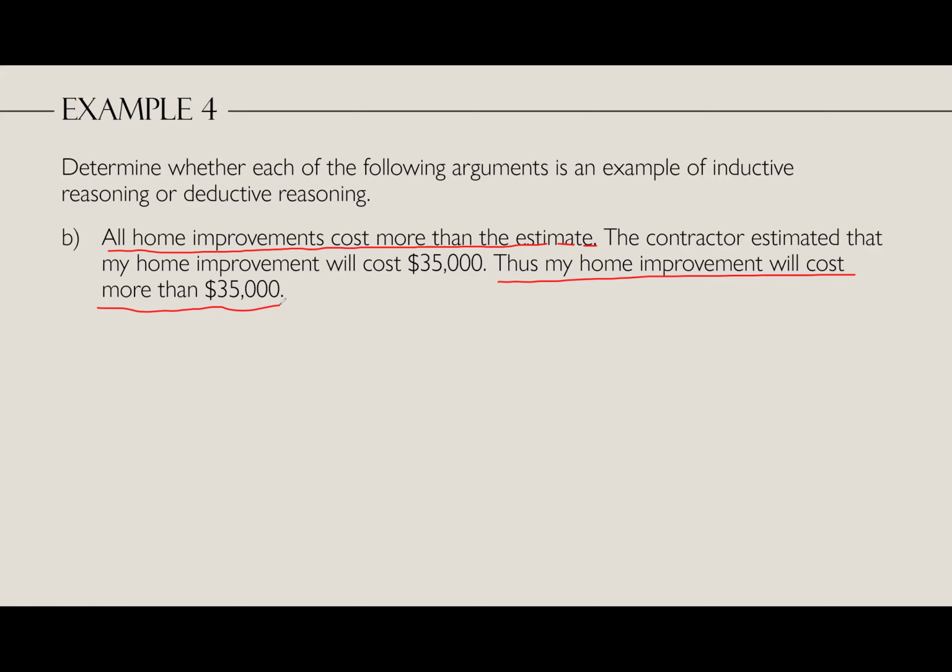My conclusion came as a result of me thinking, in general, all of home improvements cost more than the estimate. So in this case, we actually have deductive reasoning. So a quick one for part B.